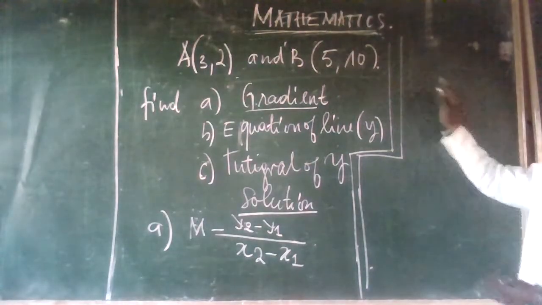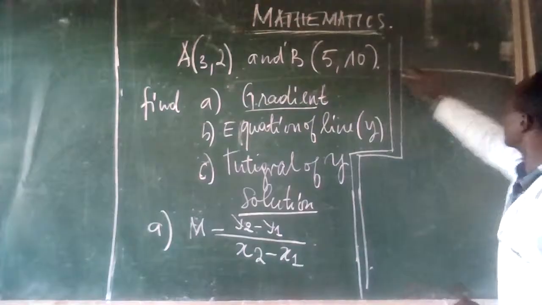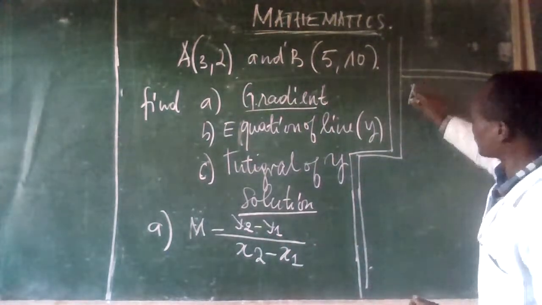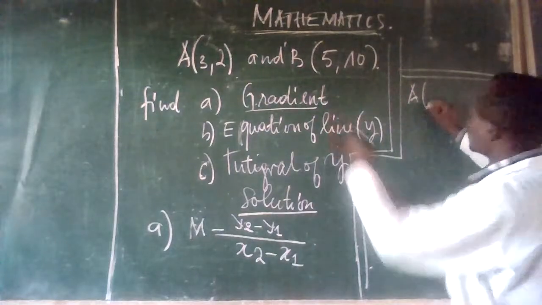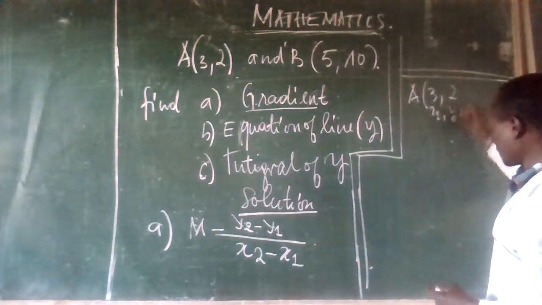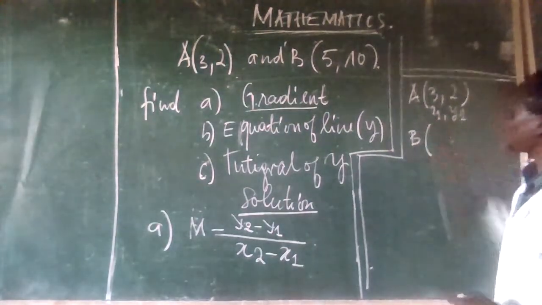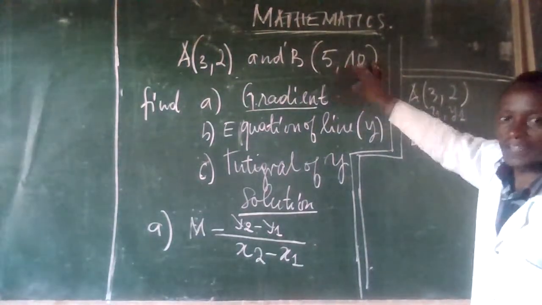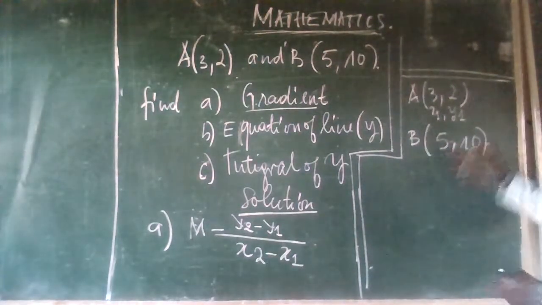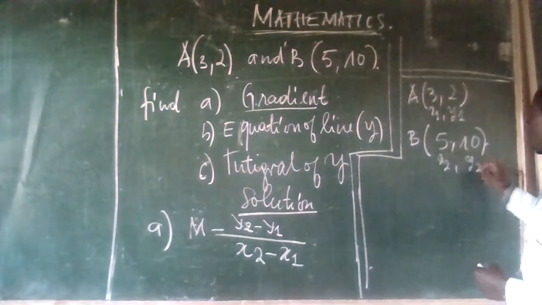So now let us continue. At point A, which is (3, 2), we have x1 and y1. At point B, which is (5, 10), we have x2 and y2.